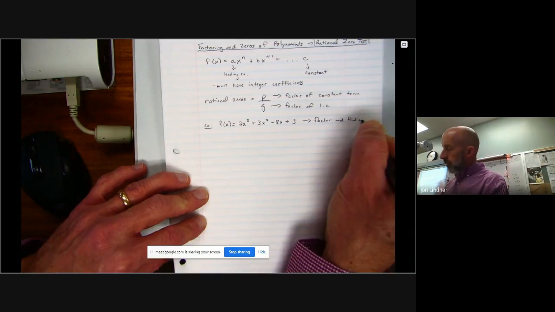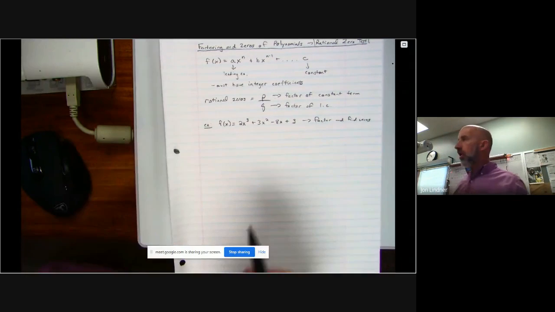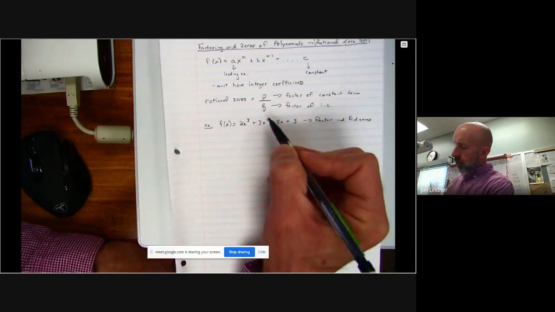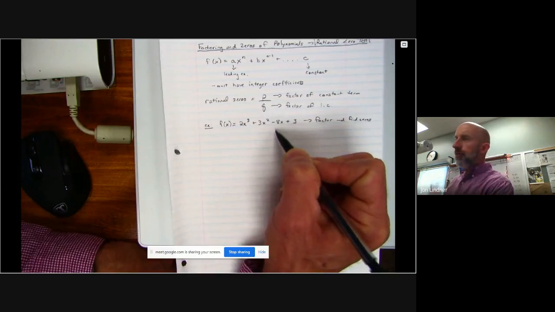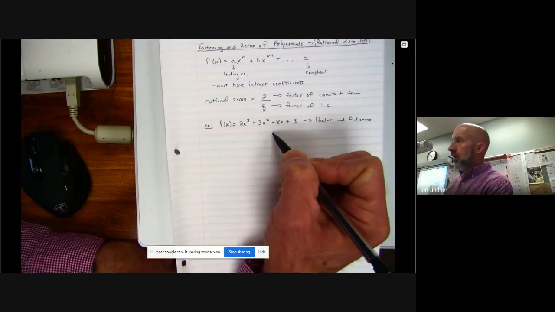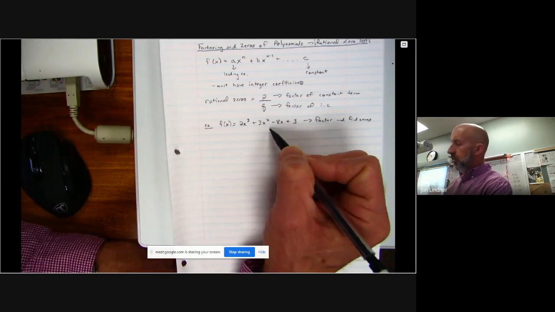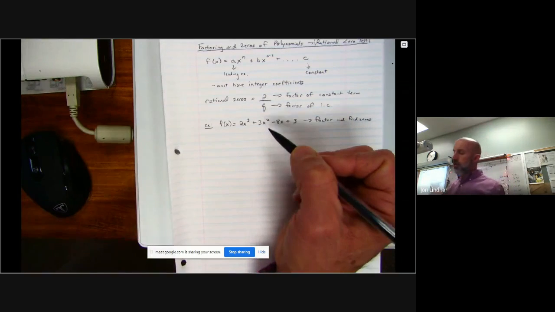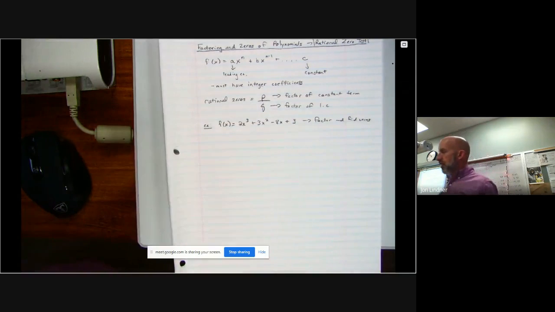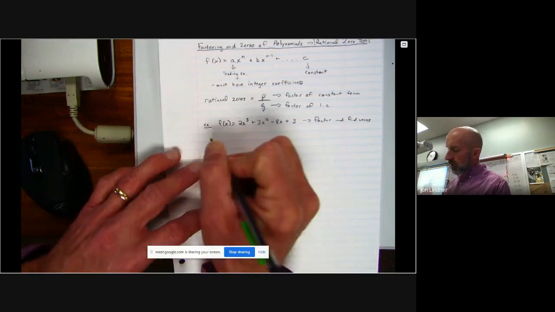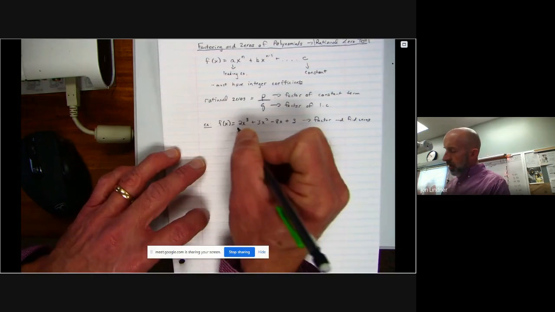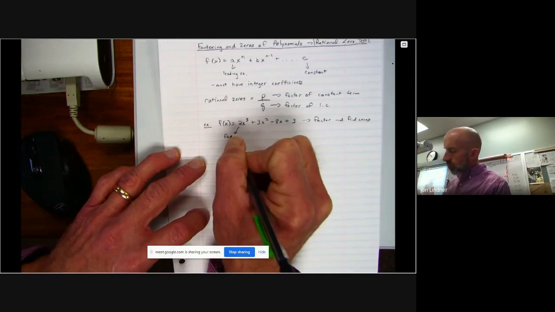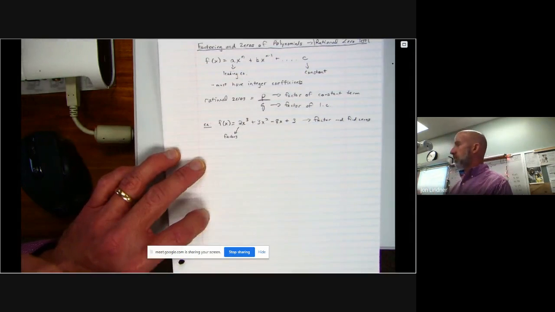Now, before I told you that we would try to split this thing in half and factor it when we had 4 terms. That won't work here. Okay, that will not work. So that's why we have to resort to another method. So the first thing that we have to do here is say, what are the factors of the leading coefficient?